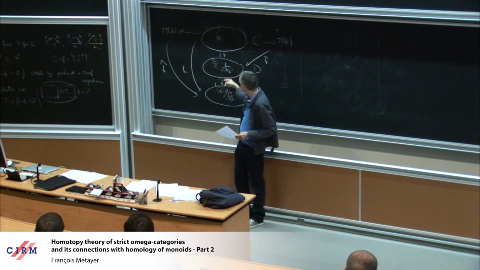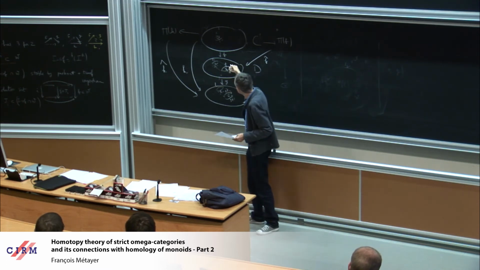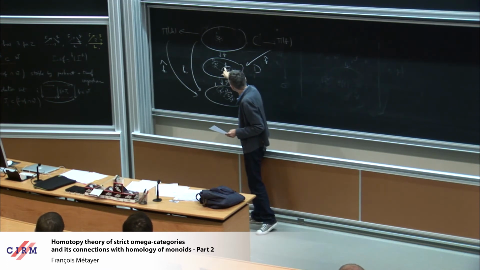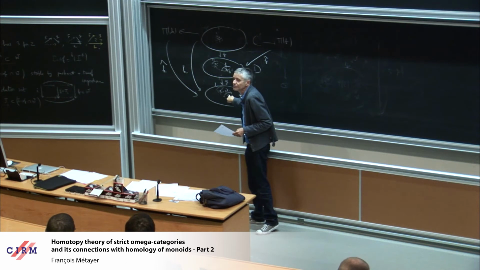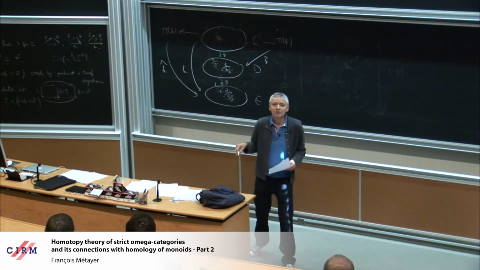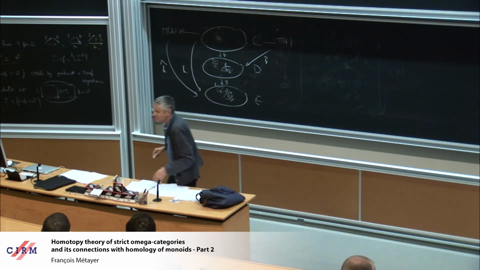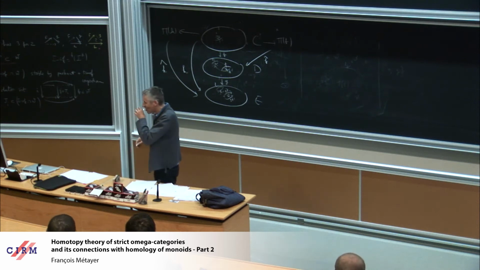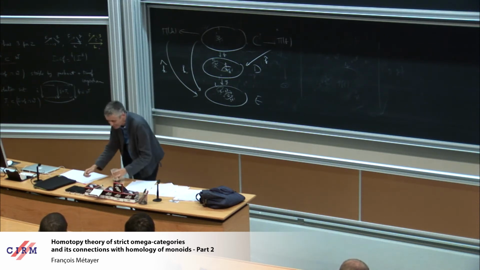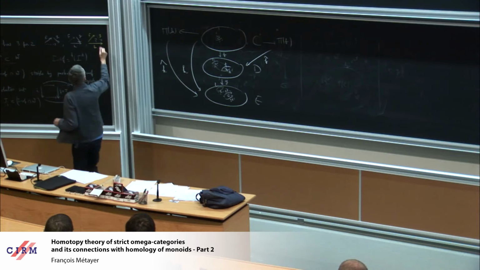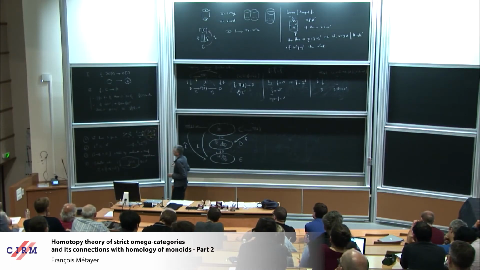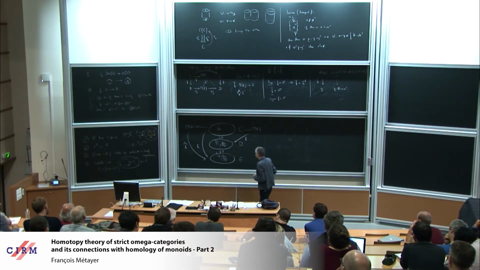And it's easy to check that the image under G of this cell here is omega equivalent to the original W. So it's a bit messy, but it works. So finally, this is checked. Okay. This is good.